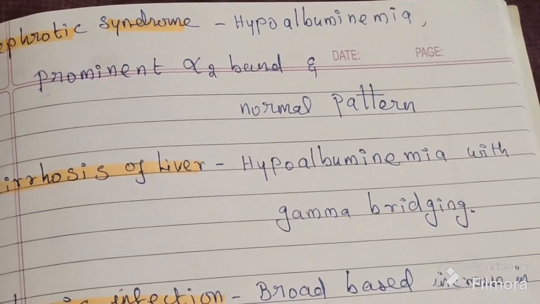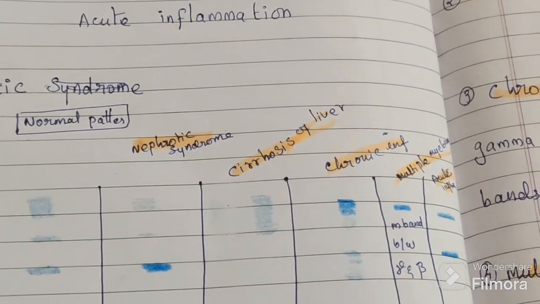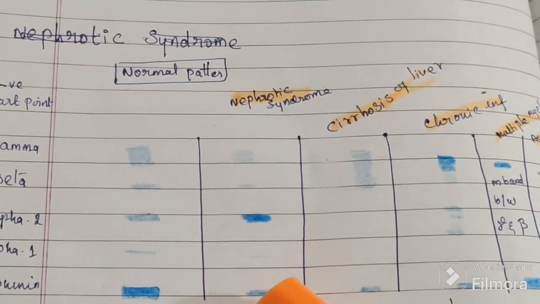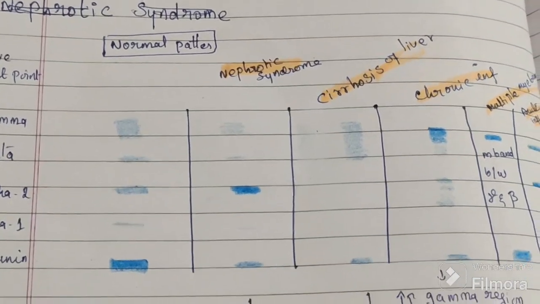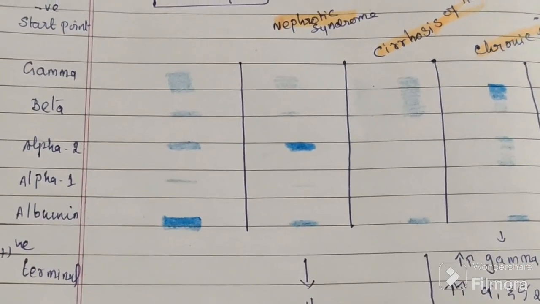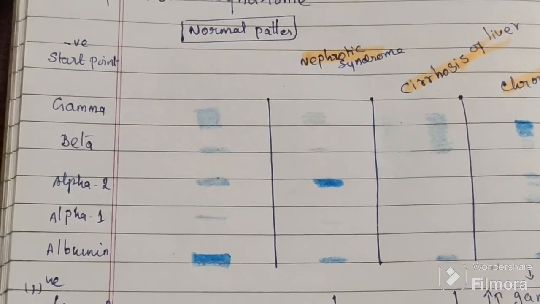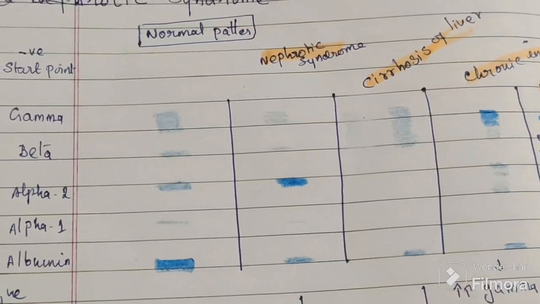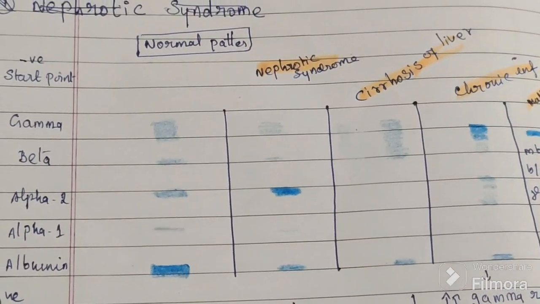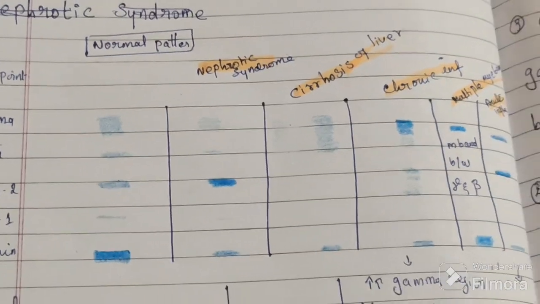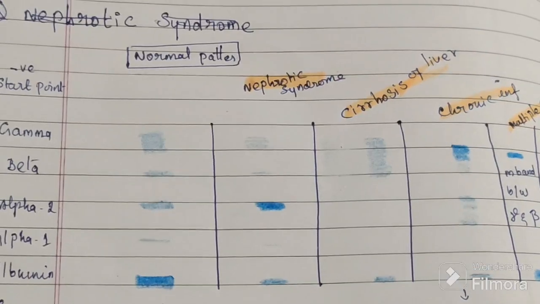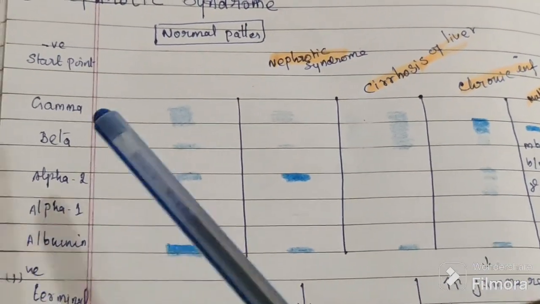Now the nephrotic syndrome electrophoresis pattern and a normal pattern are compared here. This one is the normal pattern, this one is the nephrotic syndrome. When the electrophoresis is run, the sample is applied at the starting point, and after application an electric current is passed. Based on that, different bands will be found.